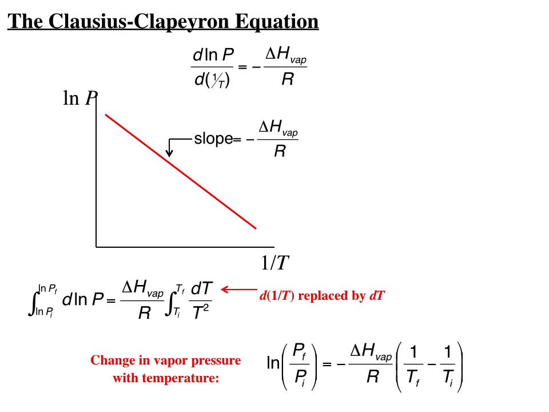The integral of x to the n is x to the n plus 1 divided by n plus 1. So the integral of 1 over T squared is negative 1 over T, evaluated at the limits. So I end up getting the expression that you see at the bottom: ln of Pf over Pi is delta H over R times the difference in the inverse temperatures.